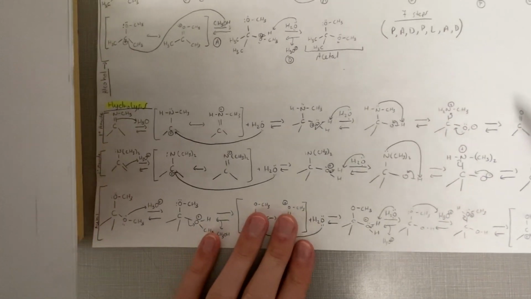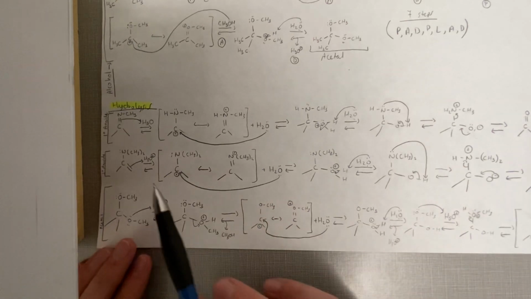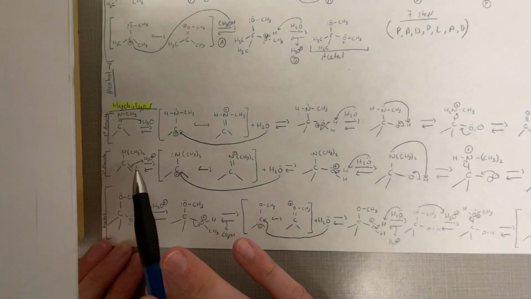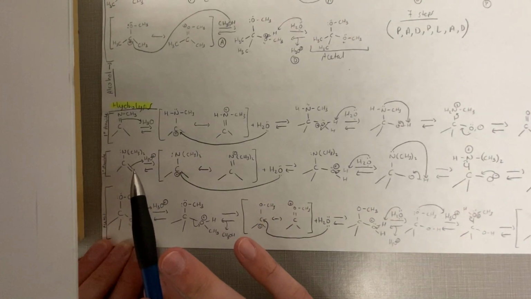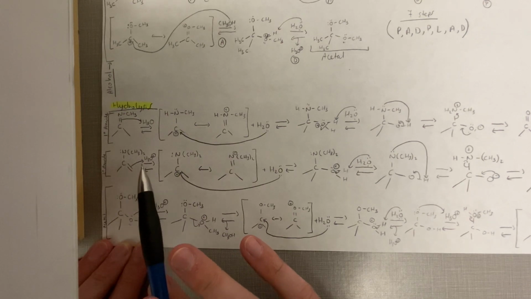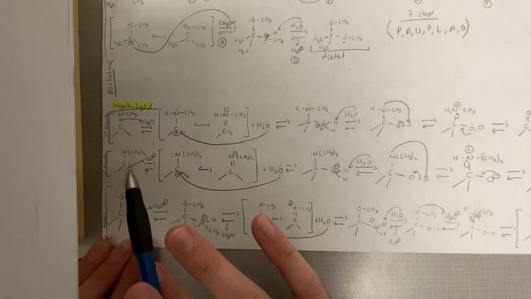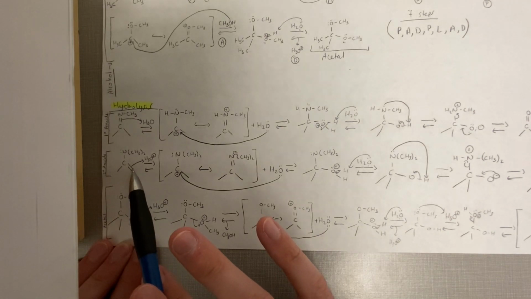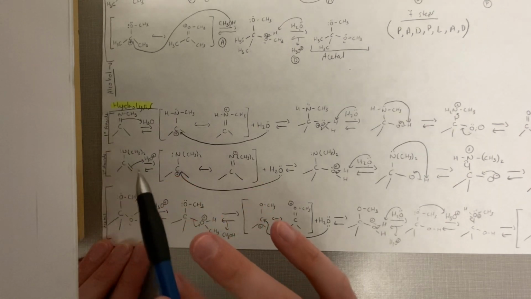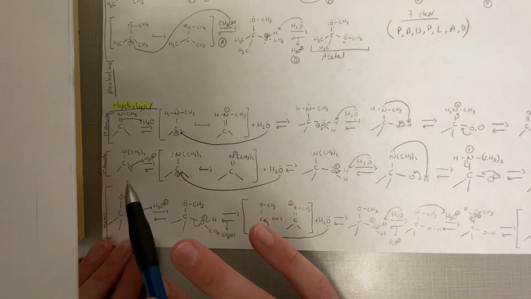All right. Now, the hydrolysis for a secondary amide is going to be a little different. We know that the double bond is located differently than within a primary amide because of it being an amine.